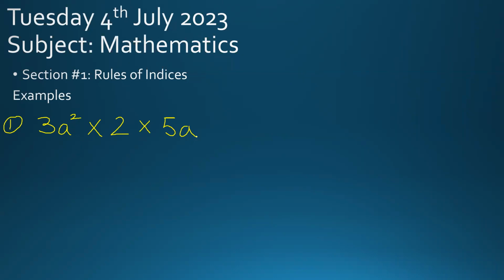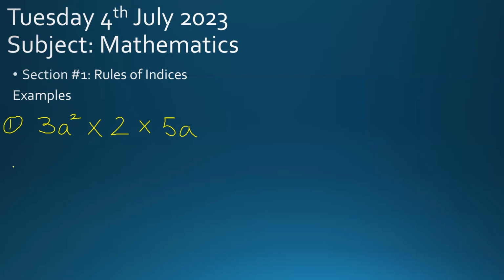Multiply the numbers, 3 times 2 times 5. Okay, very good. So we're going to multiply the numbers first. The numbers in this case are 3 and 2 and 5.